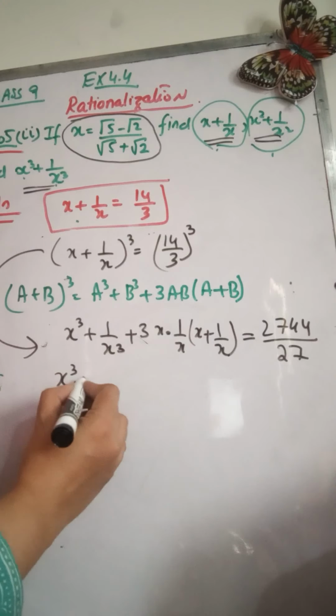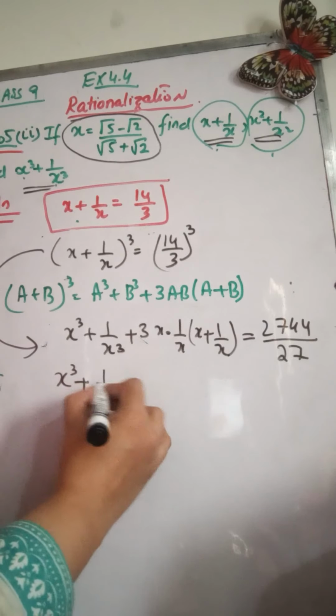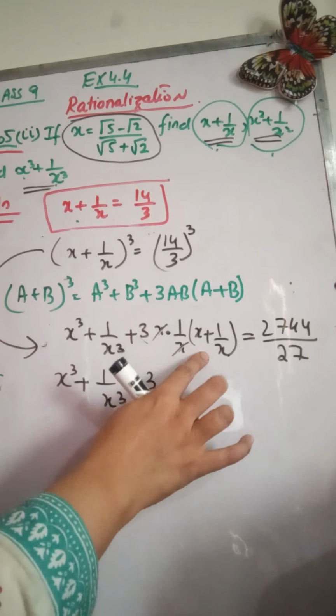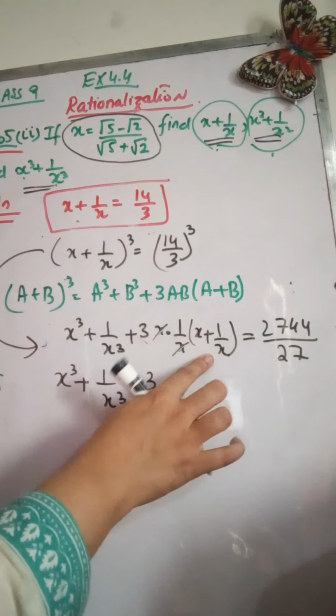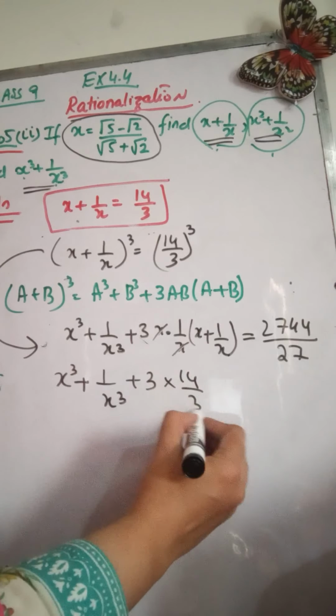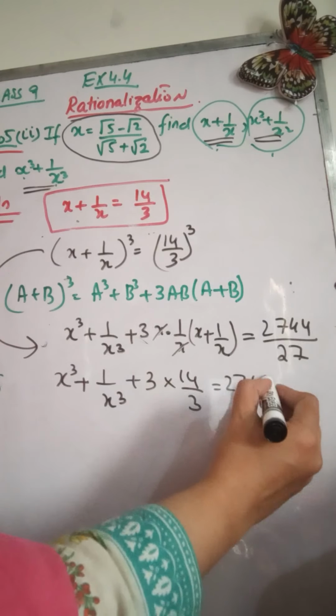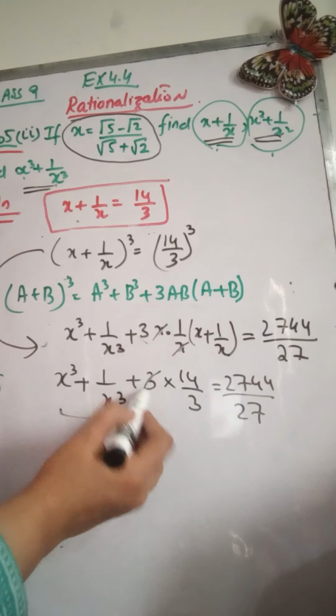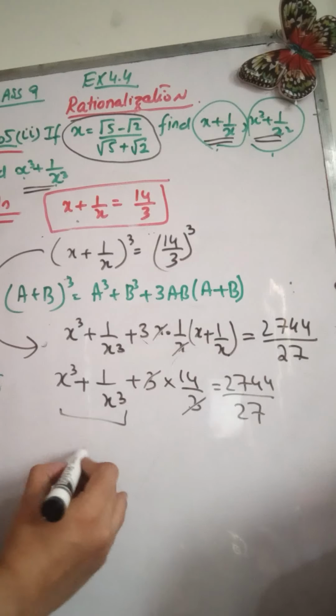So x cube plus 1 over x cube, these two are going to be cancelled out, putting the value of x plus 1 over x to be equal to 14 by 3. So we will get, now to find this value we have to shift this number to the right hand side.